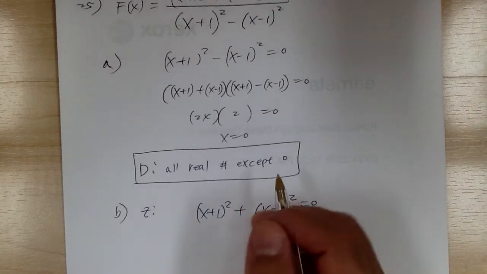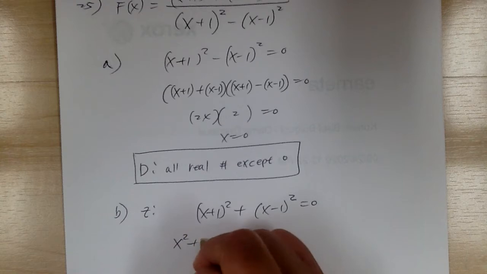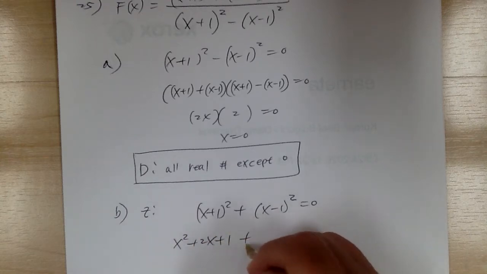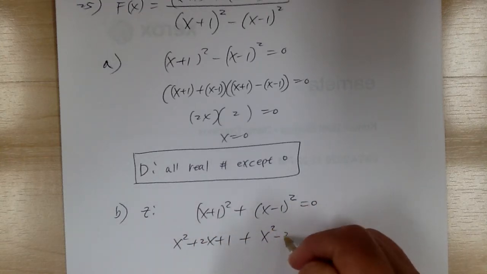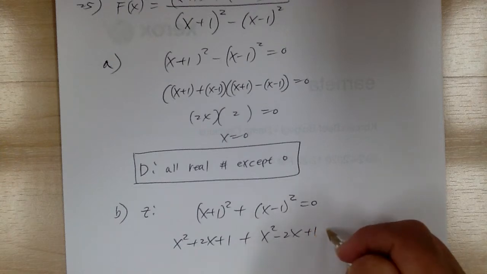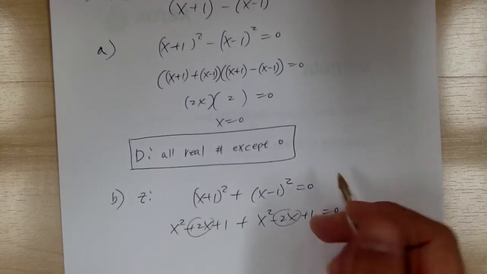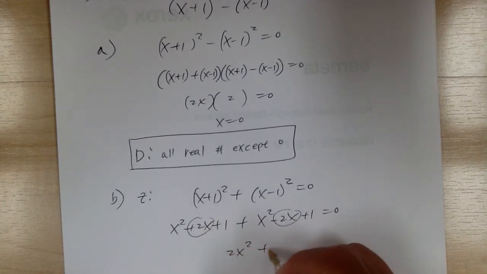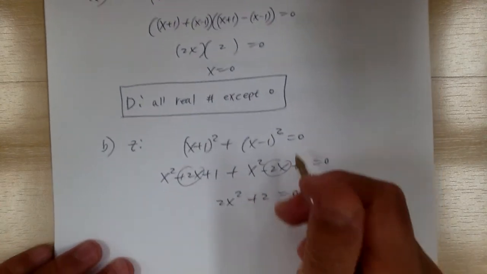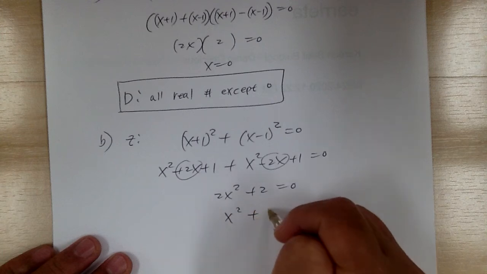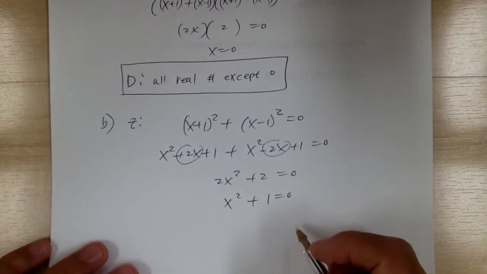This one you're going to get x squared plus 2x plus 1. This one you're going to get x squared minus 2x plus 1. And the 2x terms cancel out. So you got 2x squared plus 2 equal to 0. Divide by 2, so you got x squared plus 1 equal to 0.